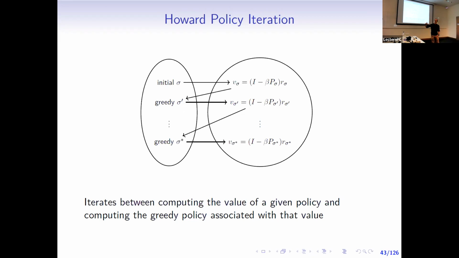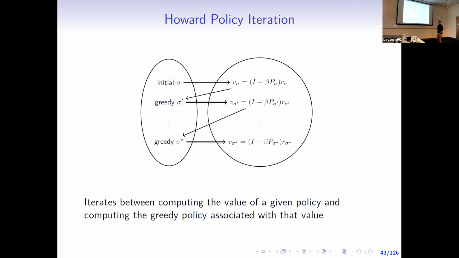I get the lifetime value of that policy, and then the greedy policy. Lifetime value, greedy policy, lifetime value. So we iterate. A lot of modern artificial intelligence literature is using some variation on this kind of method.